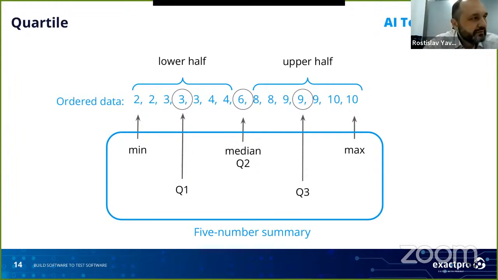But sometimes you need to add more information and use a 3-number summary. You say minimum, maximum, and some average, a median value. You say, okay, our daily or weekly sales is 22, but the minimum is like 19. So it's never below 19, and the maximum is like 32.